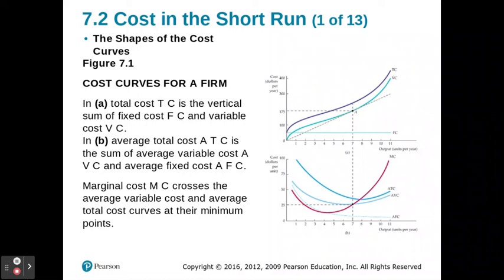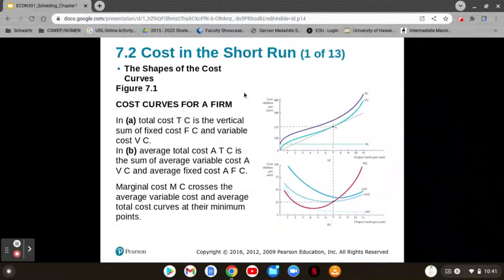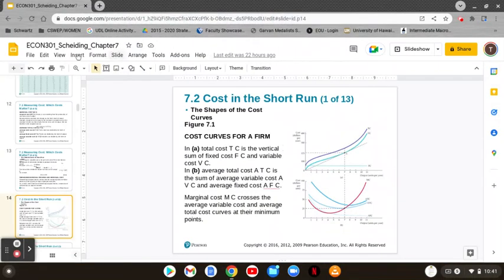So what you see here is, let's start with the top graph first. Let's get out of that. Let's zoom in here.